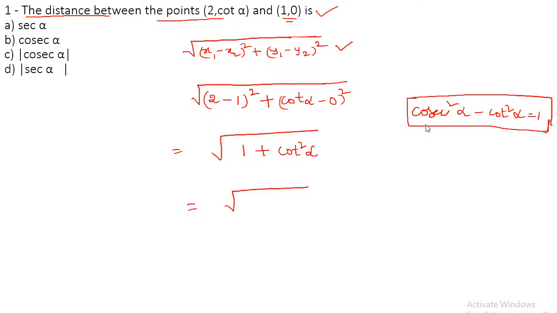So 1 plus cot square alpha becomes cosecant square alpha, and root of cosecant square alpha is mod cosecant alpha and not cosecant alpha. This is not equal to cosecant alpha, but this is equal to mod cosecant alpha. So the answer is option 3. Option 3 is the correct answer.